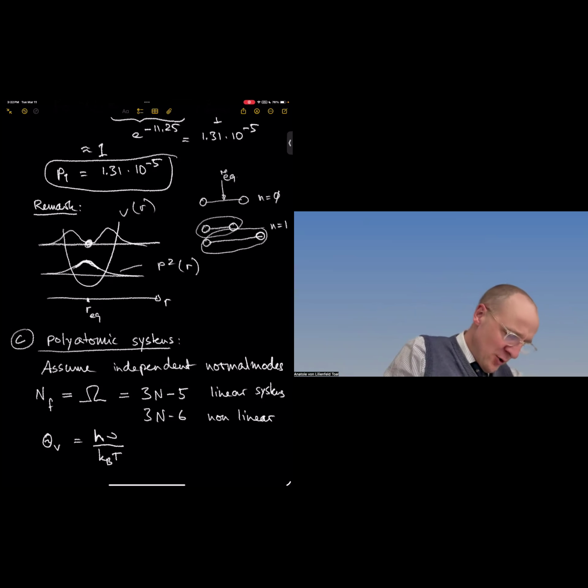So we should denote this with another index. Let's use j for the vibration j with its frequency, nu j.